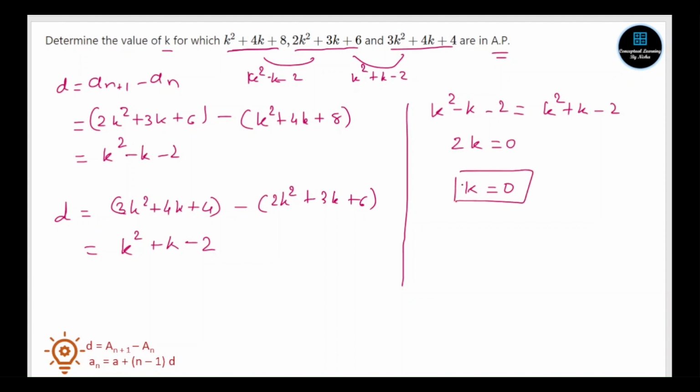So this is the value of k. Nothing special was there in the question, it just seems complicated because of this quadratic expression. All right, so in the next session we'll learn about the sum of the terms in AP.